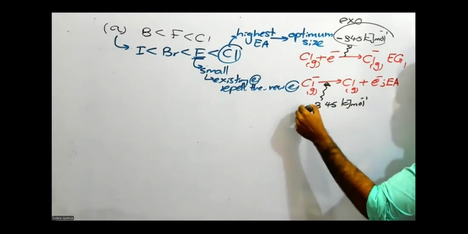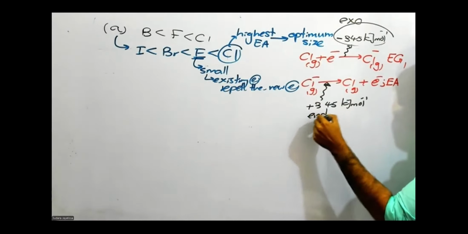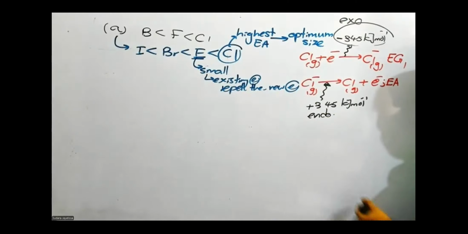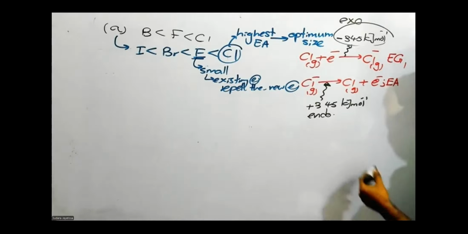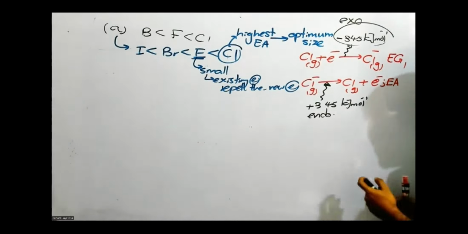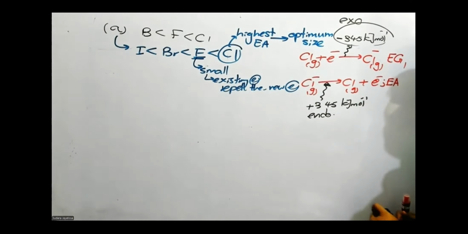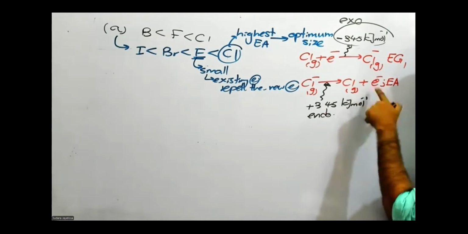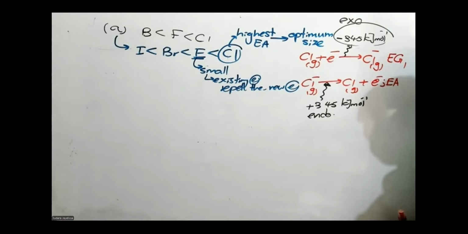And if the energy is absorbed like that, it is called endothermic. So same value, but the sign is reversed. Anyway, affinity and gain energy both have a very close relationship. So try to understand that one. It's basically the same reaction, but in opposite directions, right?